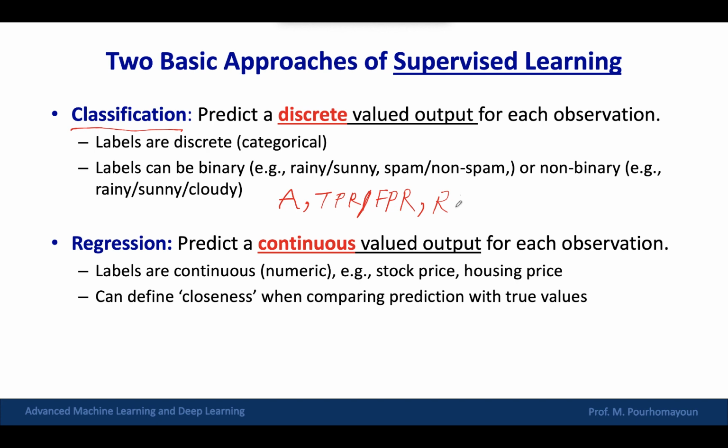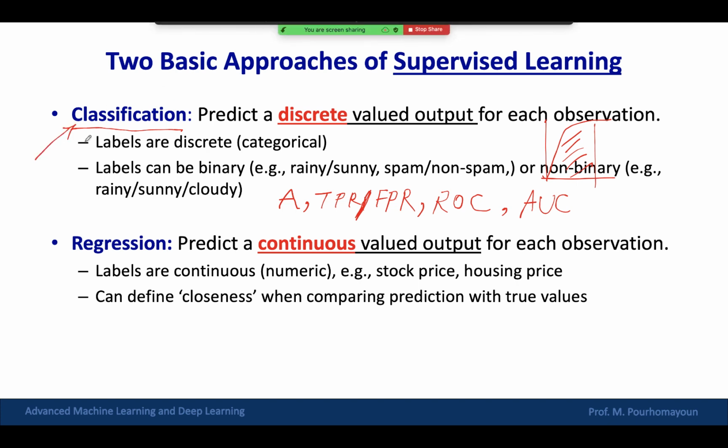You remember the ROC curve was the curve that shows how well you predict something, and the area under the ROC curve, or area under curve, or AUC. So these are some metrics that we can use to evaluate the performance of our classifier, to see how well it classified the data.